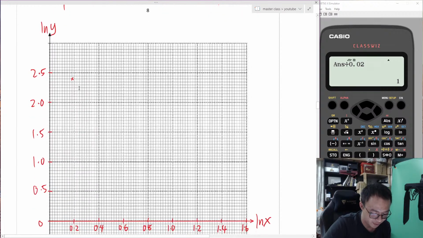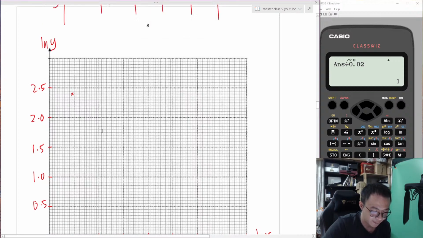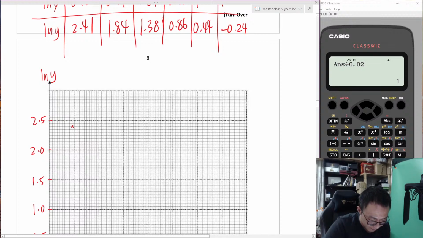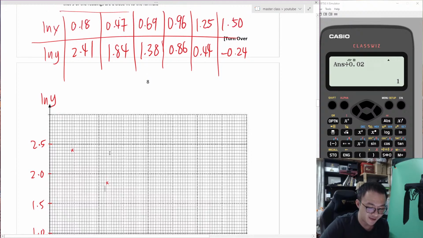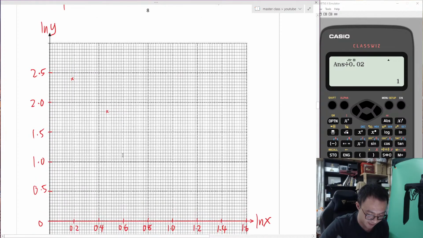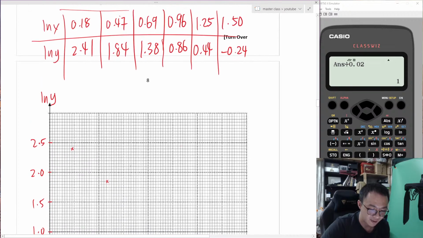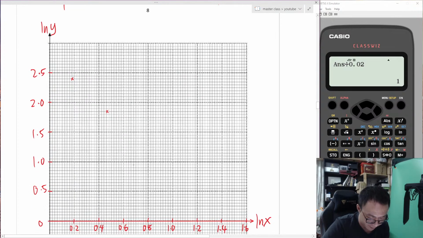Then 0.47, 1.84, somewhere here. Alright, so 0.69, 1.38. 1.38 is about 1.4 here, and 0.69 is somewhere here.